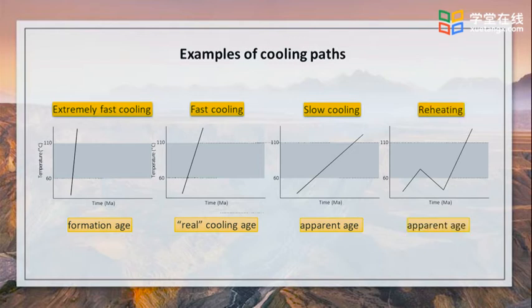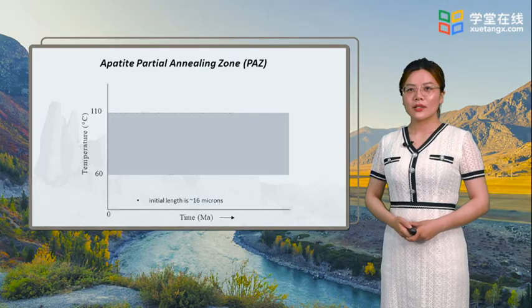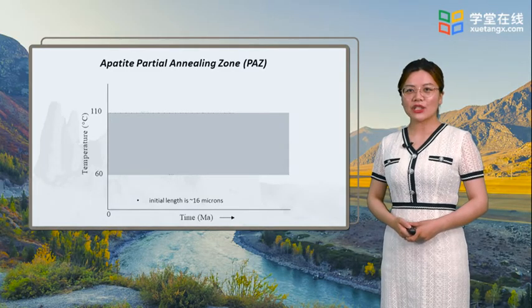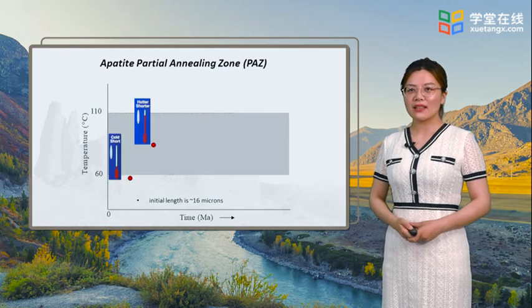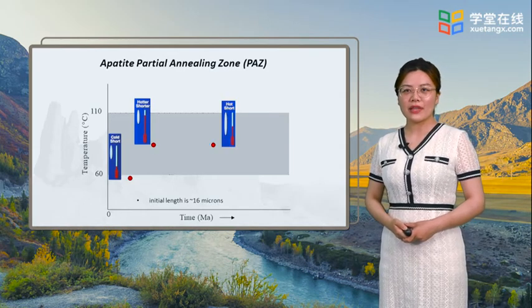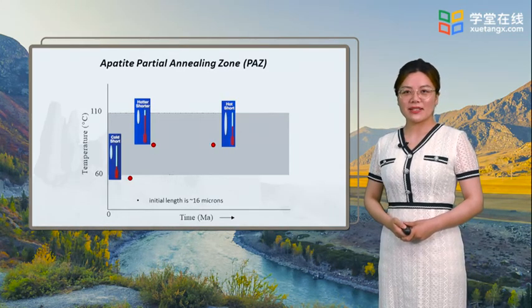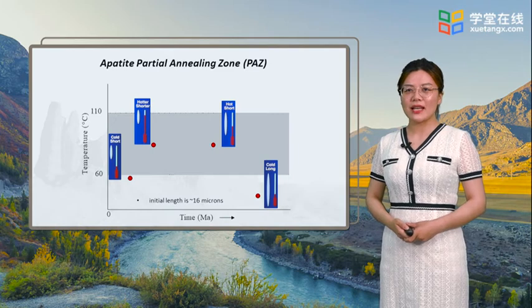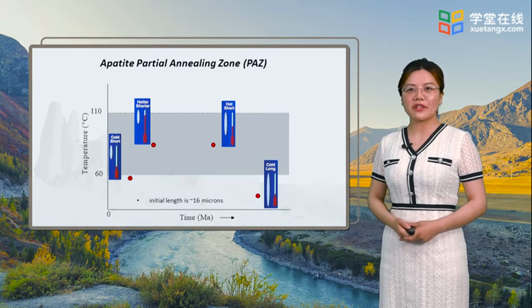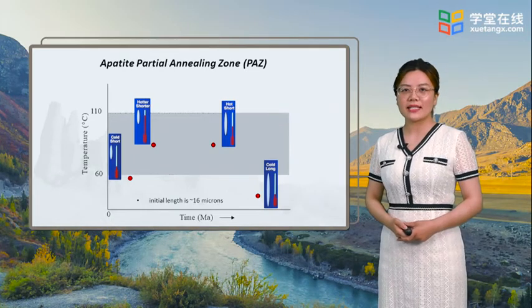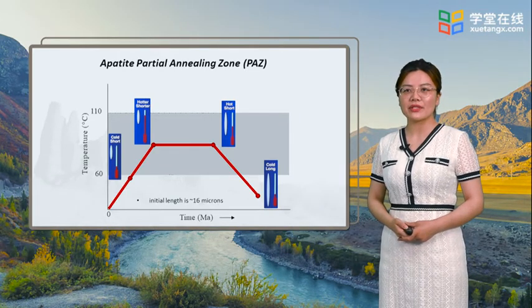In the case of reheating, fission track age is also an apparent age. Grains recording heating and cooling events by track length shortening and growth generate responses in fission track ages. Then, distinguishing and comparing the characters of different confined track length distributions will illustrate related thermal history scenarios the host rock experienced.